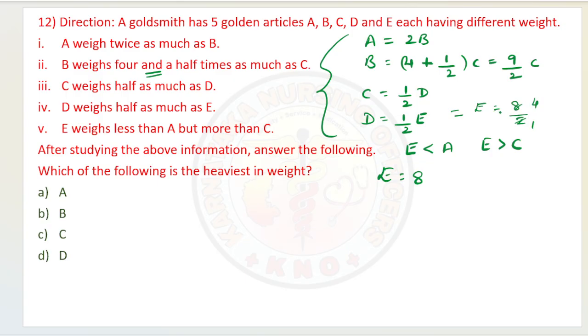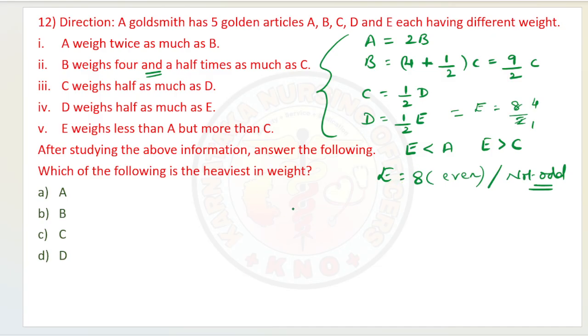So you can easily deduce the values for D, C, B, A. That's why I'm taking E as even, not odd. Understood? So now by taking the E value as 8, we can calculate D, C, B, A.